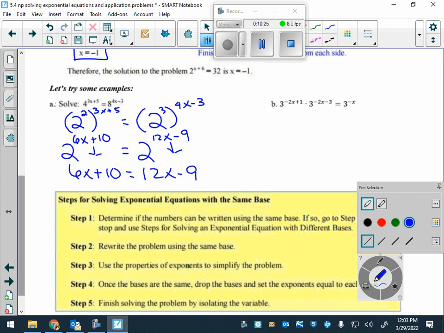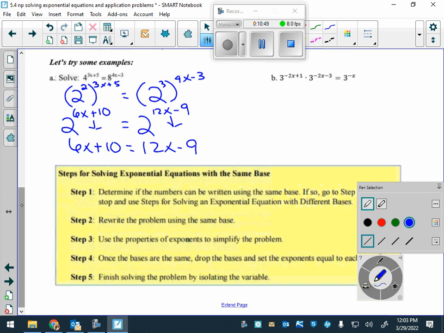How will we go about solving? What do we get? What does x equal? Brian? Careful. Josh?